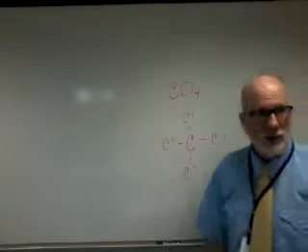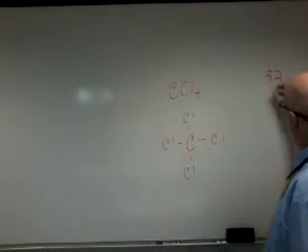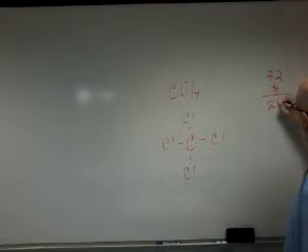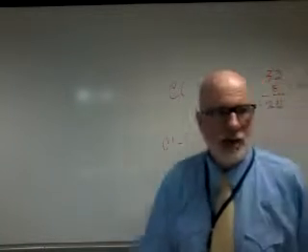Now we subtract off the bonded electrons. 2, 4, 6, 8. And that gives us 24. These are the bonds.